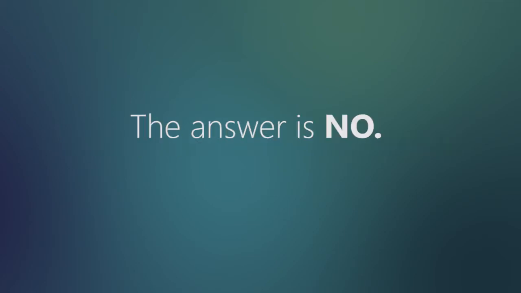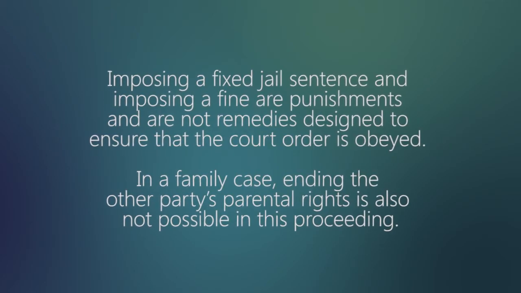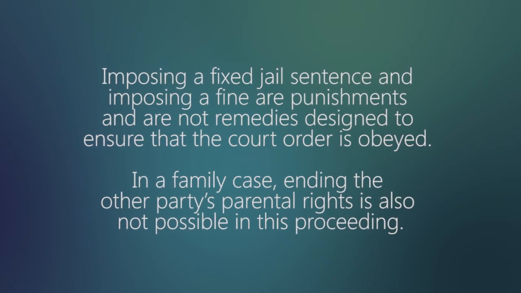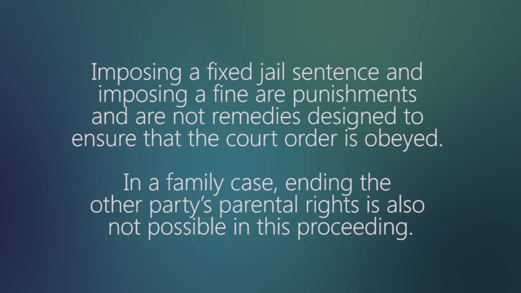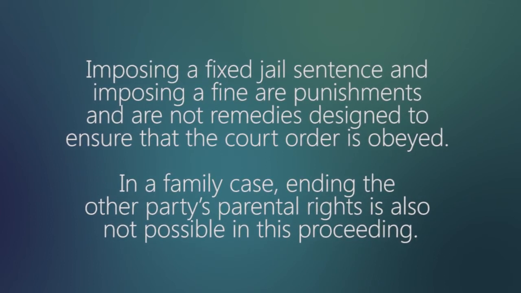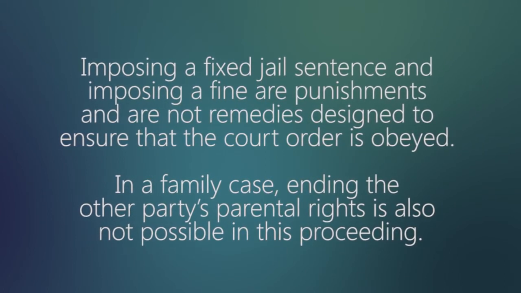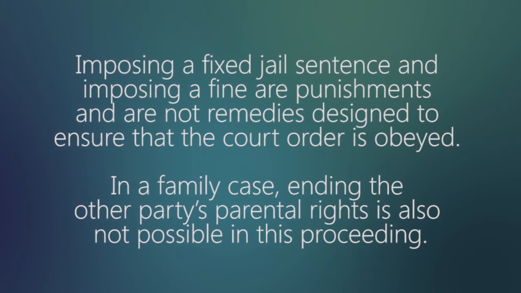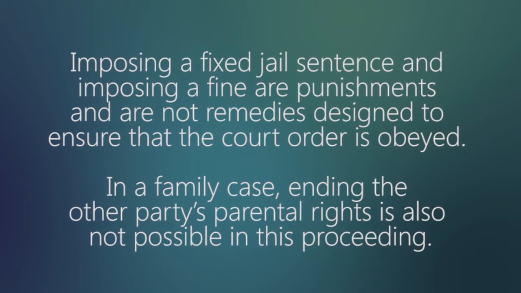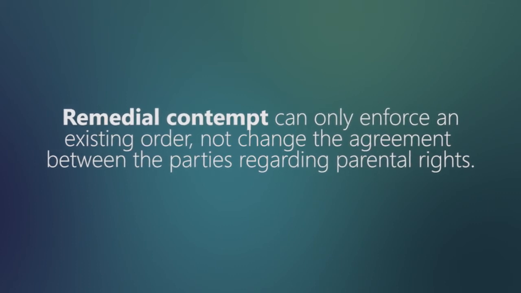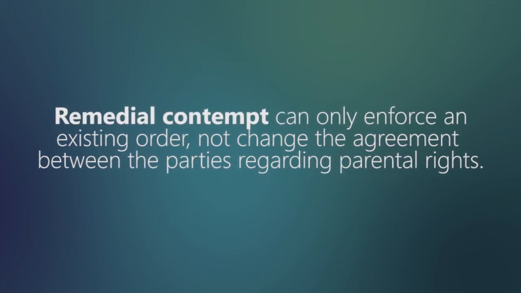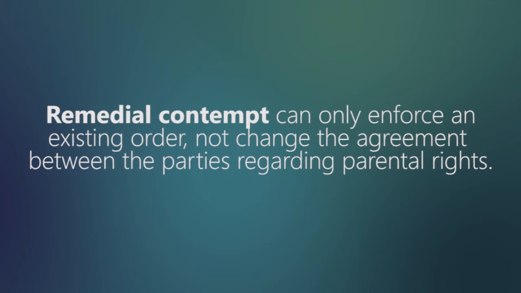The answer is no. Imposing a fixed jail sentence and imposing a fine are punishments and are not remedies designed to ensure that the court order is obeyed. In a family case, ending the other party's parental rights is not possible in the proceeding. Remedial contempt can only enforce an existing order, not change the agreement between the parties regarding parental rights.